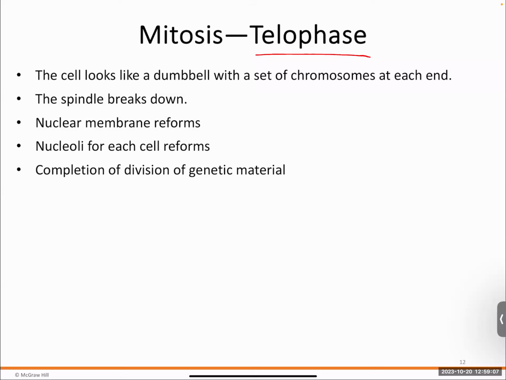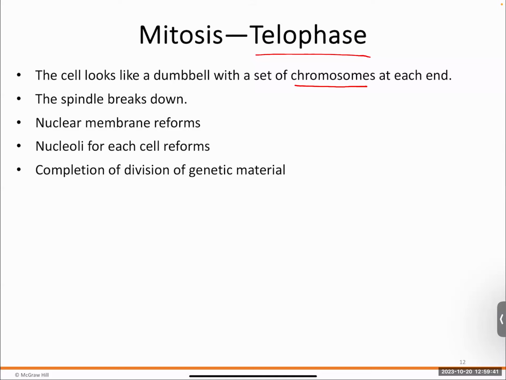At this point, I do not need chromosomes anymore because the force that was needed to pull them apart, which put the DNA in danger of being damaged, has already passed. So I don't need to keep the chromosomes in their condensed version. One of the first things that happens is that the genetic information starts to return back to chromatin. You start to relax, or uncondense, the genetic information.